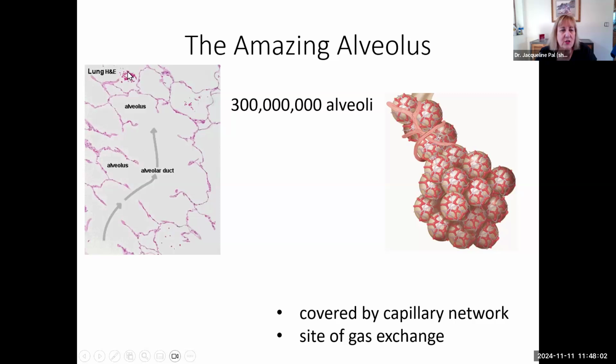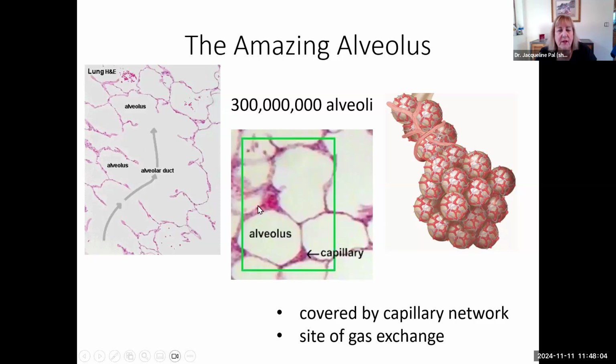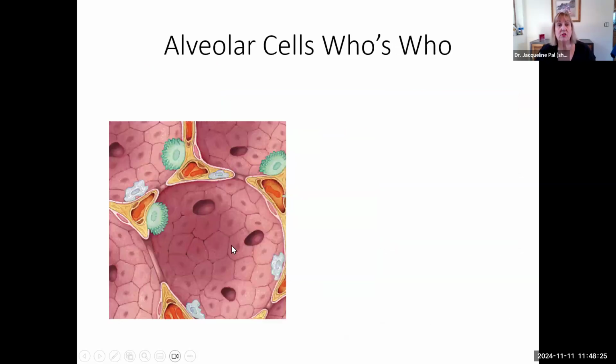And so let's look at this alveoli up close, and on a higher power, you can see here's an alveolus. And if we did a cross section through one of these, you can kind of see at every corner, we can see the little red blood vessels inside the capillaries, each of these little corners. So let's take this and do a cartoon drawing to see what various cells we have going on in an alveolus.